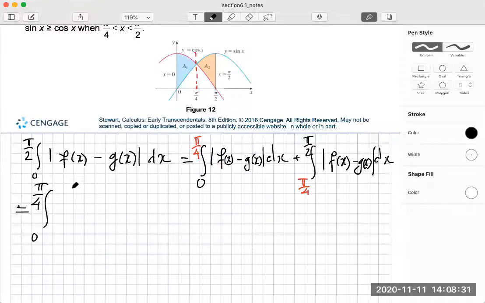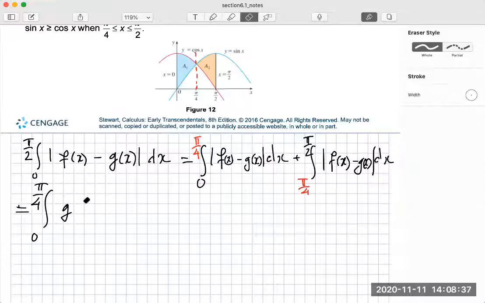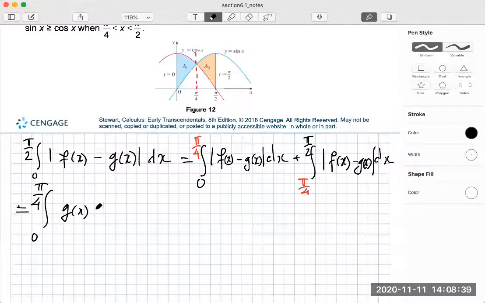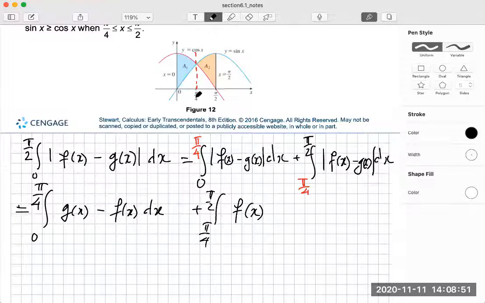Therefore, it will be g minus f, right? From the interval from pi over 4 to pi over 2, f is larger than g. So it is the difference of this.